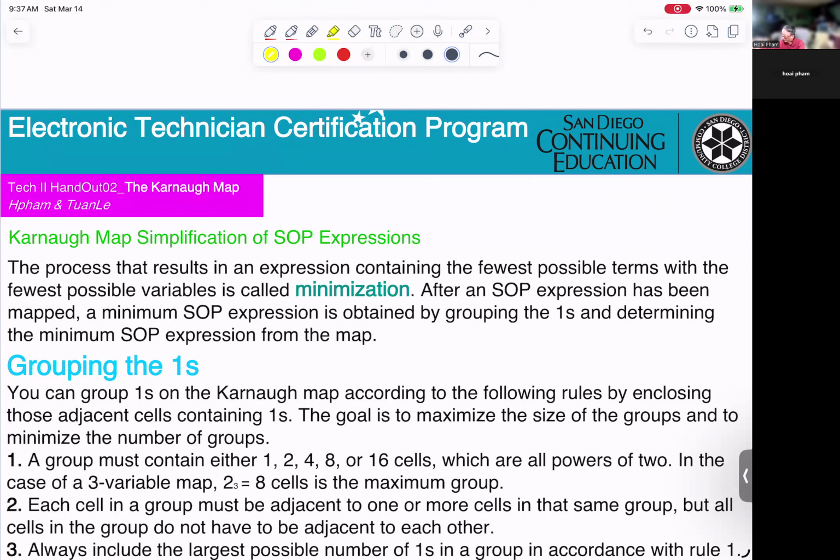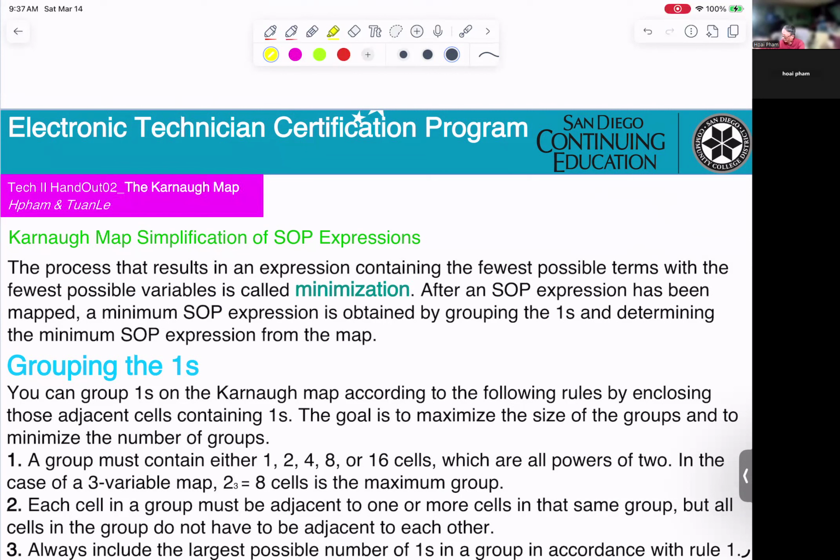A group must contain either 1, 2, 4, 8, or 16 cells, which are powers of 2. In the case of 3 variables, 2 to the power of 3, 8, okay, is the maximum group. Each cell in a group must be adjacent to one or more cells in that same group, but all cells in the group do not have to be adjacent to each other.